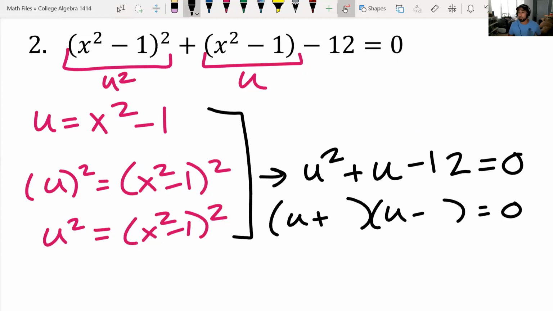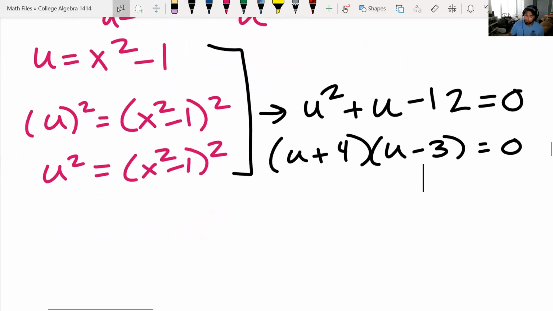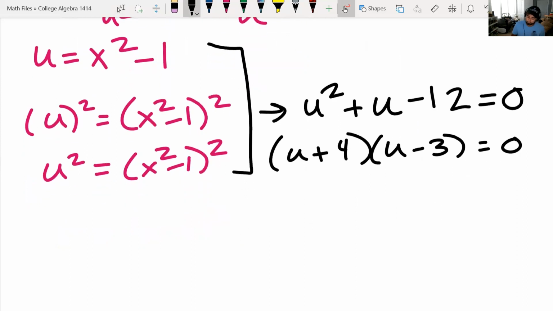And once again, I'm sure it's the same answer. 4 and 3. U squared, negative 3, 4, 1, 4, negative 3, negative 12. And solve for U. U equals negative 4. U equals 3.